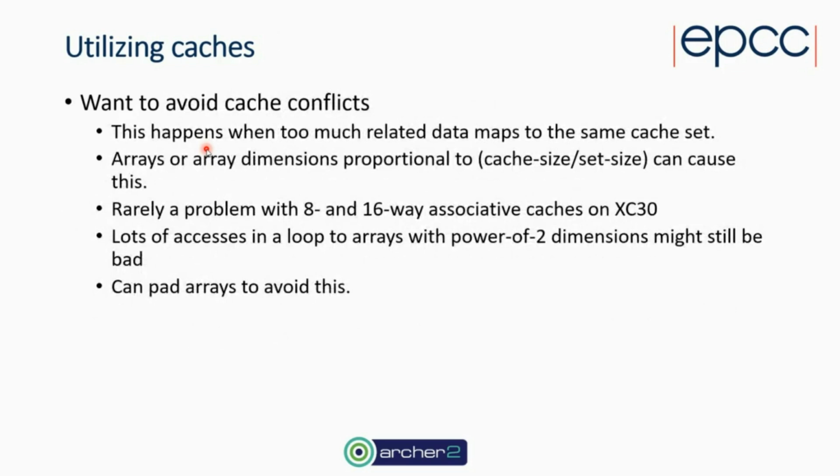Now, there are ways around this. You can pad your data structures so you make them slightly bigger. This tends to only really happen significantly when you have data structures that divide sensibly by 2 or by a power of 2, so they're likely to map to similar places in the cache. So you can pad your data structures to make them slightly bigger than before, and that will offset them from other data structures.